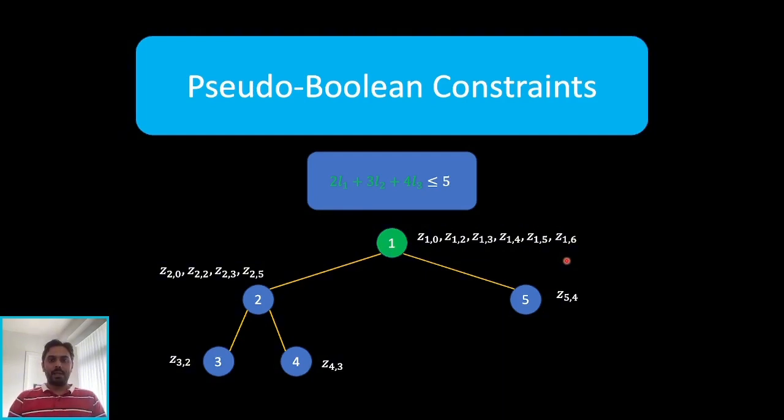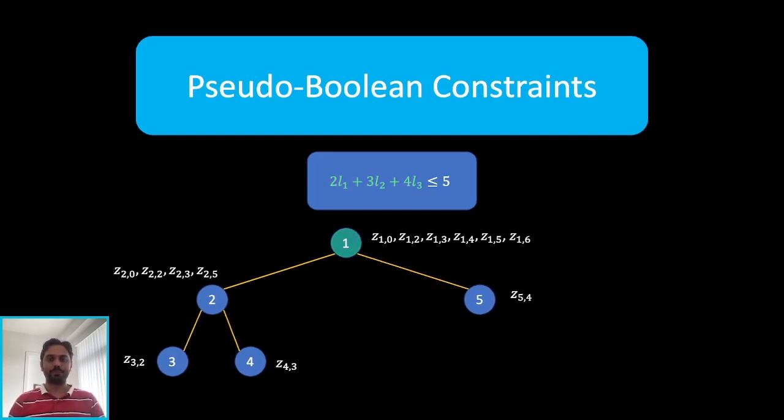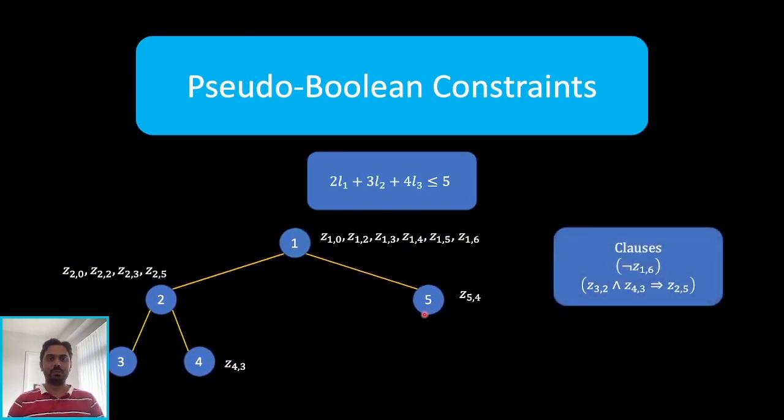Now let's take a look at the clauses that we can use for connecting these different Boolean variables. For the first clause, we'll say that at the root node z16 is false, because we want to satisfy this constraint, obviously. That will be a clause on its own.